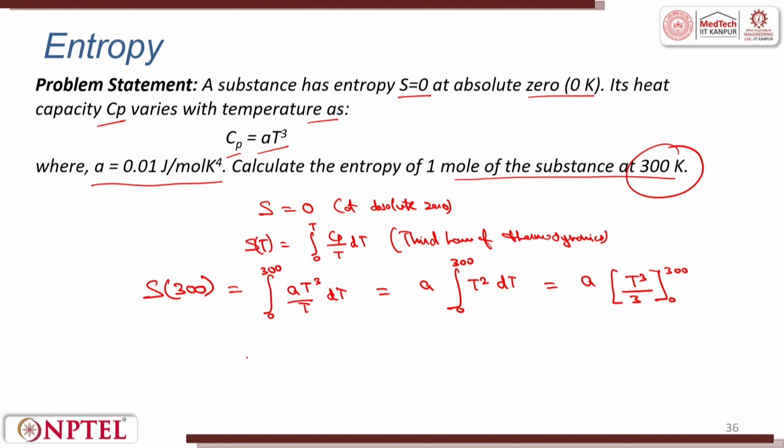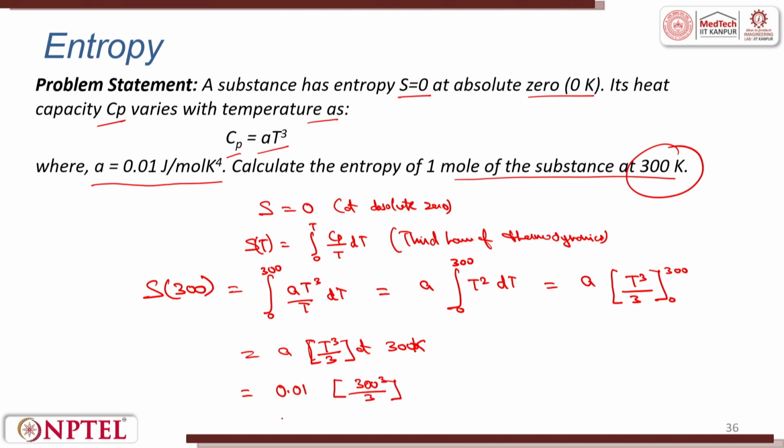So this gives me the value as A into T cube by 3 at 300 Kelvin. So putting the values of A and T, A is 0.01, the value of T is 300 power 3 by 3.